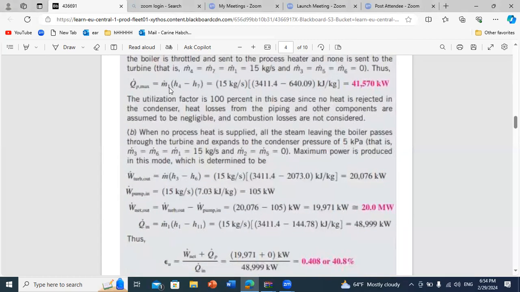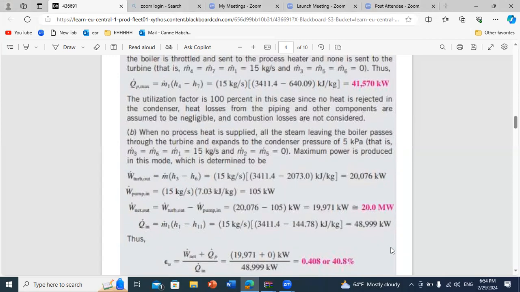On the other hand, if you want to purely produce electricity, then when you calculate the utilization factor, you will get around 40.8%. So you see the difference. The difference is huge. But we need to produce electricity. We need to produce work. We don't want just to have heat.